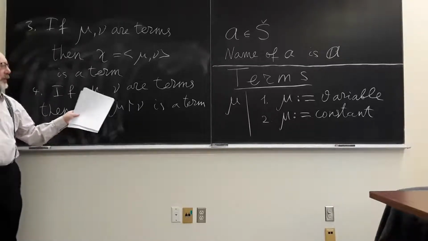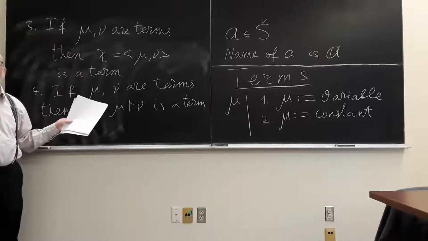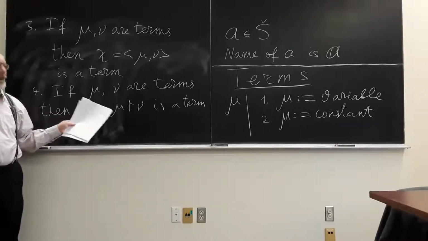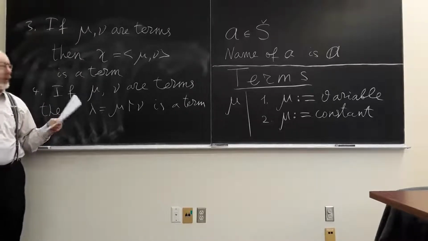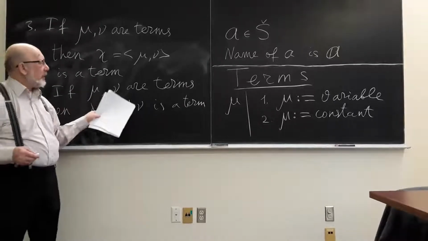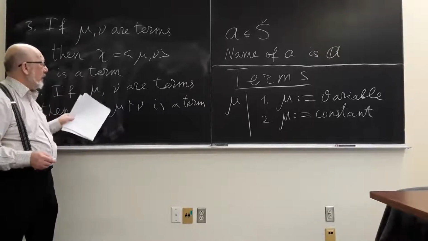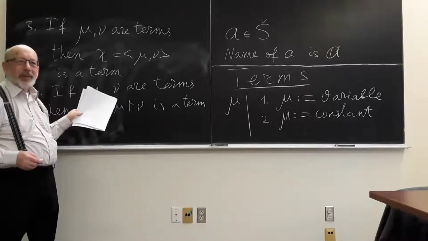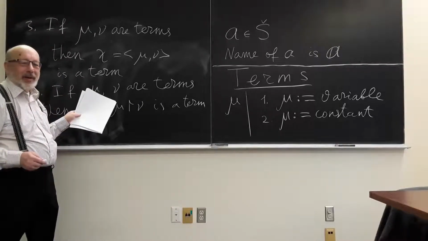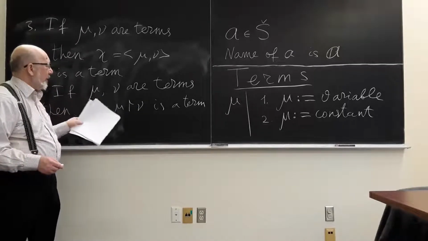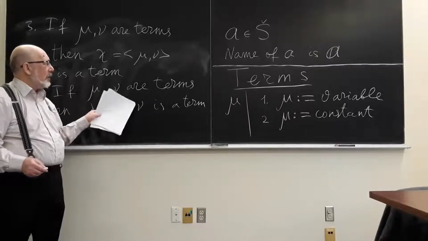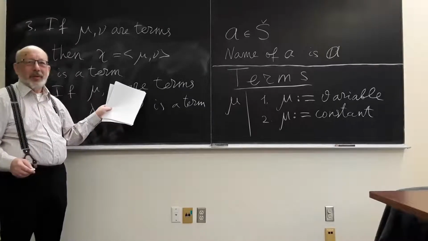If mu is, say, relation, for example a function, and nu is some element of our universe, so if nu happens to be in the domain of mu, then we can define the value of this function mu on element nu.